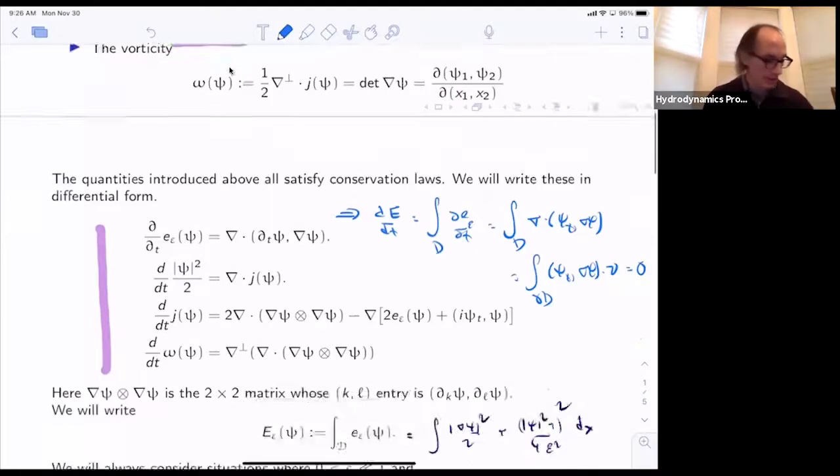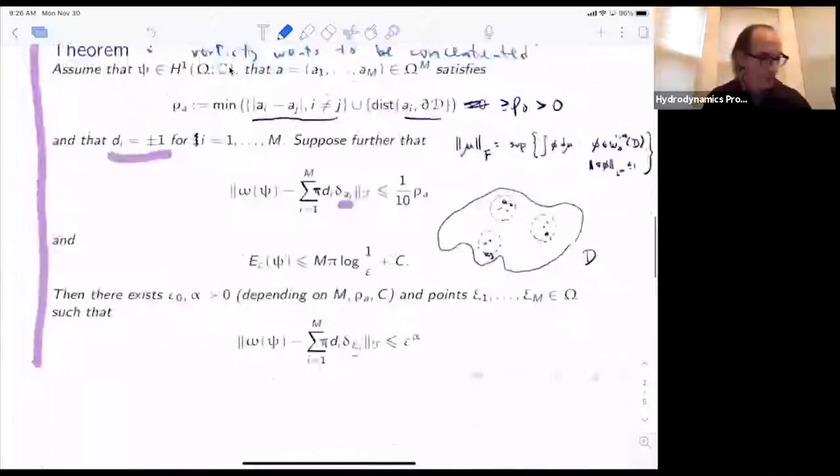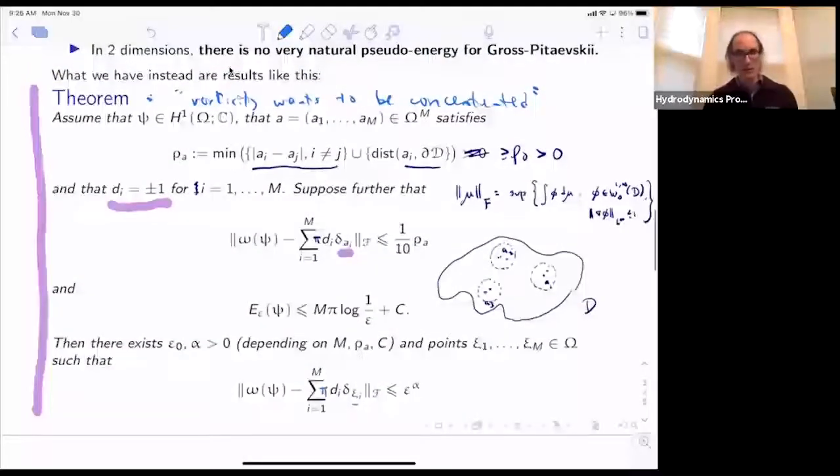And so for example, I can solve the equations with initial vorticity concentrated sharply around a bunch of points, and with the energy satisfying this hypothesis here. Then I wait a little while, and it turns out that the vorticity evolves continuously in time for a little while at least.